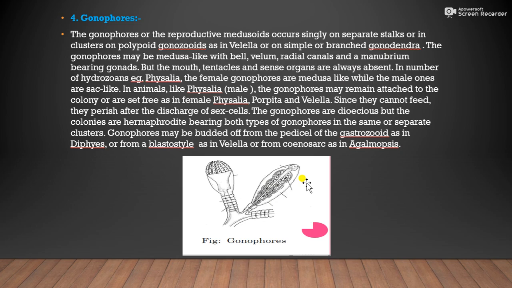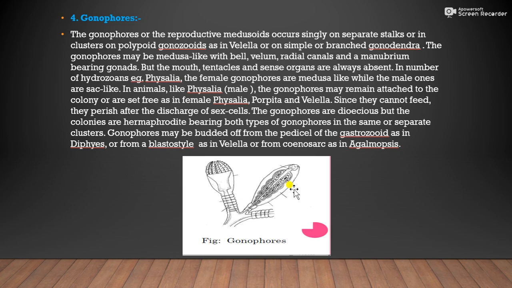In some hydrozoans, for example Physalia, the female gonophores are medusa-like, while the male ones are sac-like. In animals like Physalia, the gonophores may remain attached to the colony, or be set free, as in female Physalia, Porpita, and Velella.